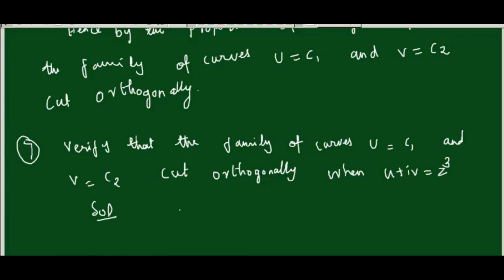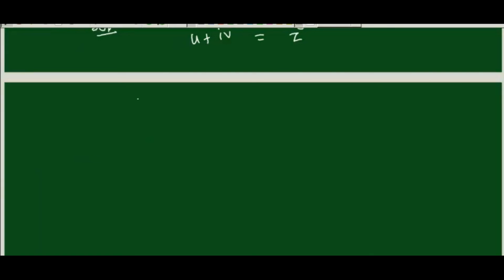So u plus iv is equal to z cube. That is, u plus iC2 is equal to z, which is the complex number x plus iy, the whole cube.